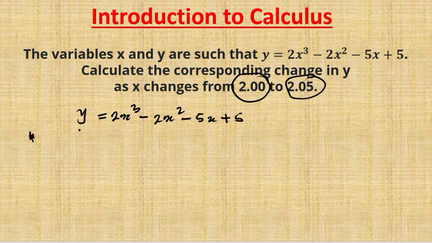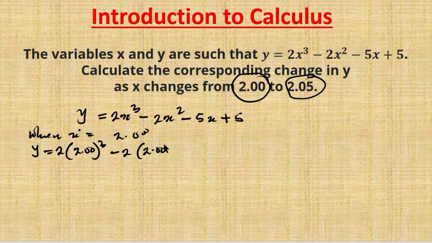Now, when x is equal to 2.00, then y will be equal to 2 into 2.00 all raised to power 3 minus 2 into 2.00 all raised to power 2 minus 5 into 2.00 plus 5.